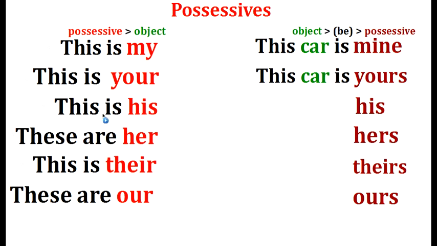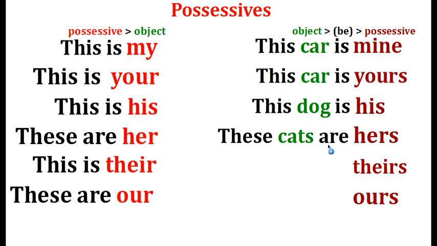This example, this is his dog, or this dog is his. Again, the object is first. Object be possessive. This example, these are her cats, or with this possessive, these cats are hers. Again, the object, the verb to be, and the possessive. Remember that S when we finish with the possessive.